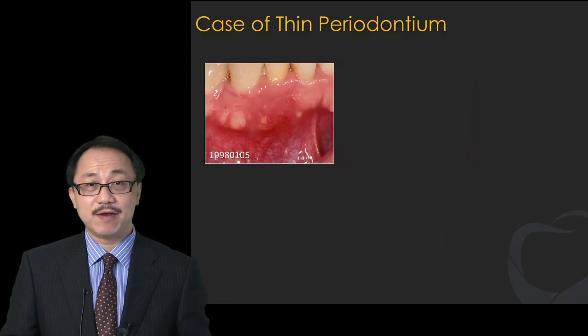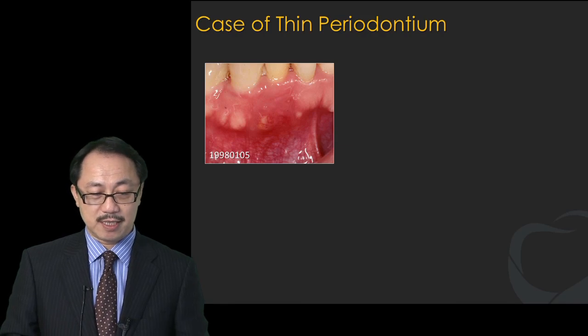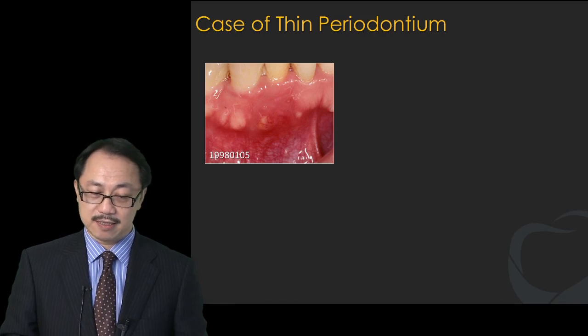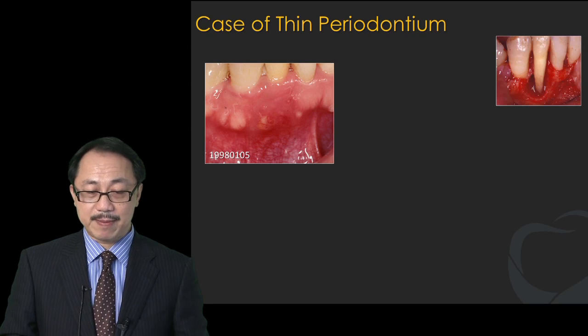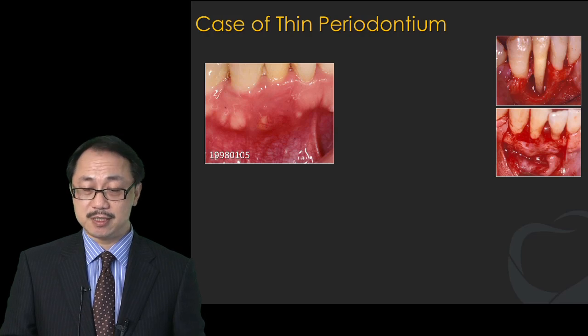Now, this is a case of thin periodontium which was treated in 1998. At that time, after flap elevation, you can see severe bone destruction. We were able to achieve regeneration in 6 weeks, at the time of the membrane removal.